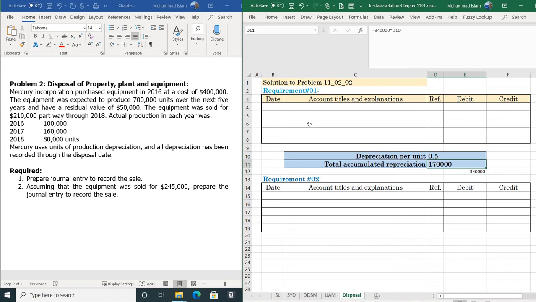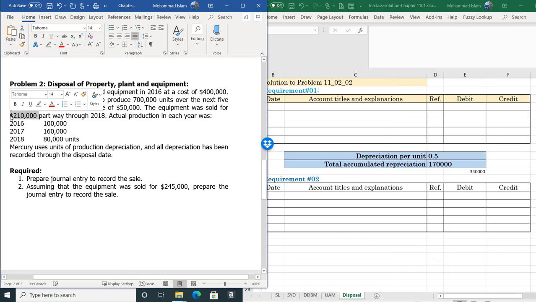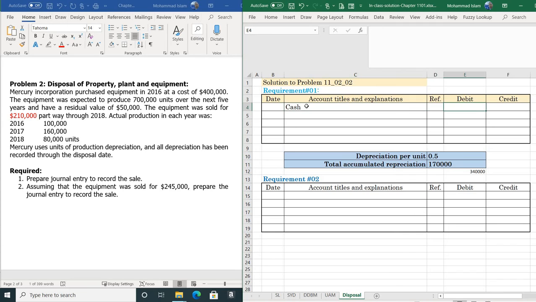Now let's prepare the journal entry. We have sold the equipment for 210,000. So cash debit 210,000. And accumulated depreciation, that we have calculated, 170,000. So 170,000 accumulated depreciation.